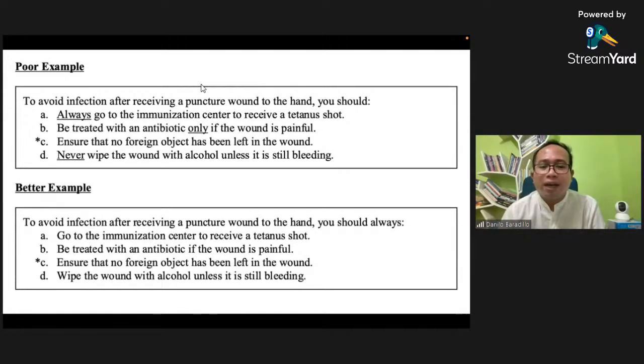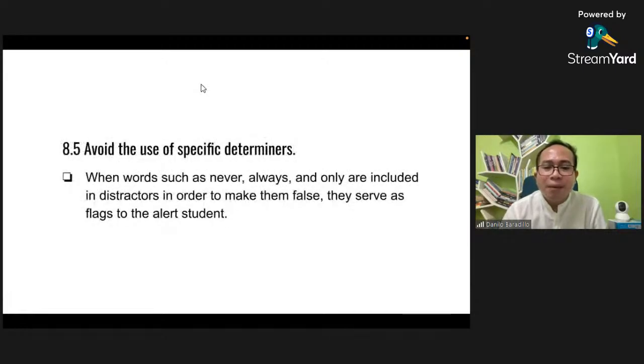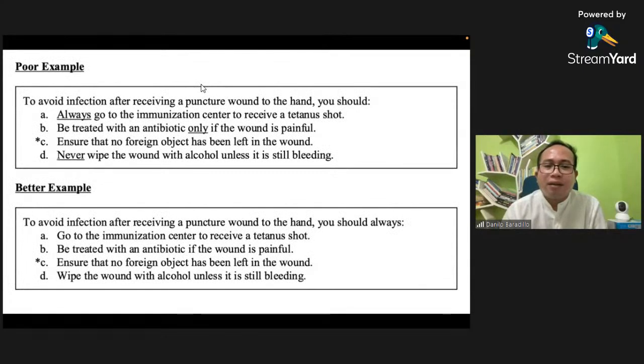These are all words that are considered to be determiners. Only, never, always are negative, or negation. Sorry, not negation. Negation is never. Only is also a determiner, and always is also some sort of determiner.